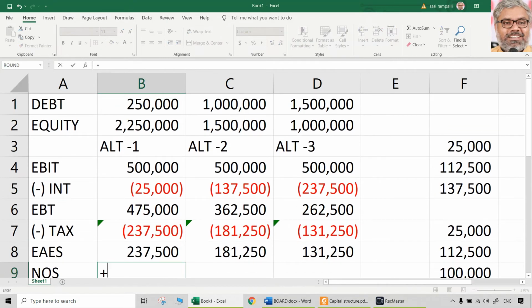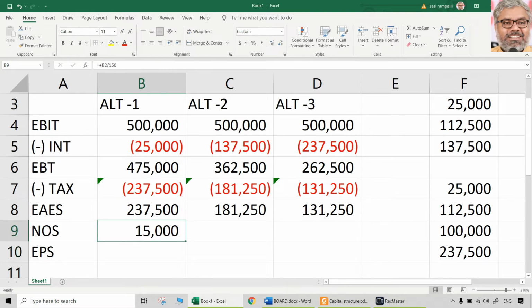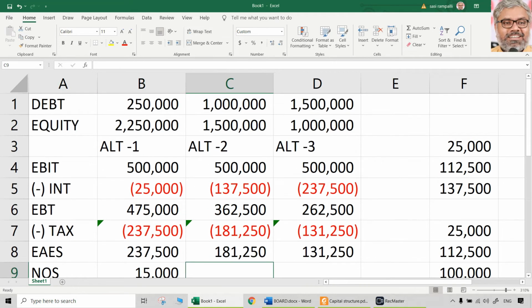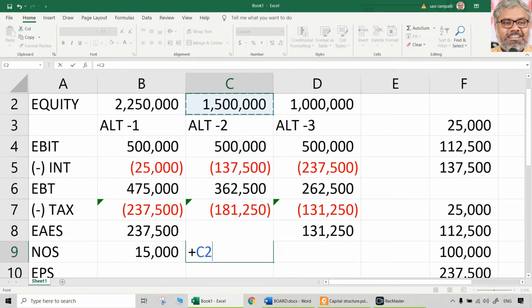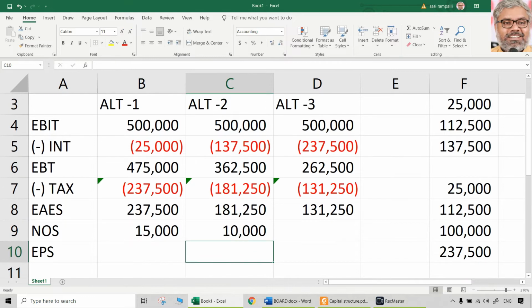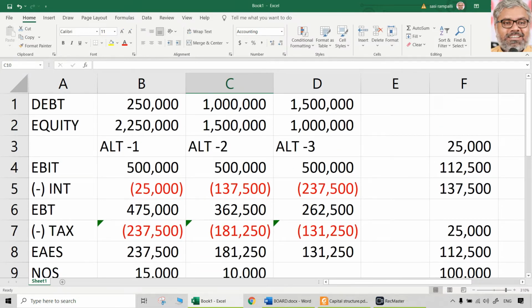So what is the number of shares in alternate 1? 22,50,000 you require from equity divided by 150 means you have to issue 15,000 equity shares in alternate 1. In alternate 2 also, whatever the amount to be raised by equity divided by 150 means 10,000 equity shares are to be raised in alternate 2.